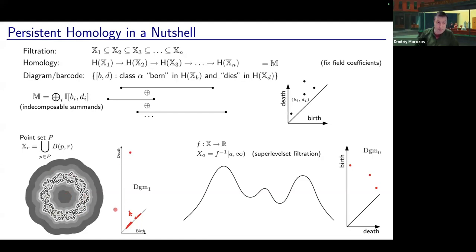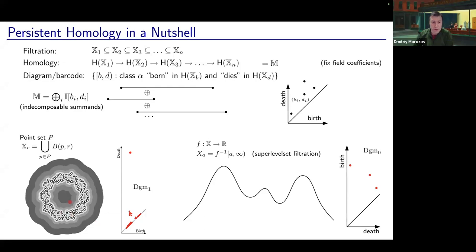So that's what this point is. And these 10 points that stick out from the diagonal, each one corresponds to a little link in this chain that this point set samples. And the points very close to the diagonal, we think of as noise. They're transient one-dimensional classes that appear and disappear.